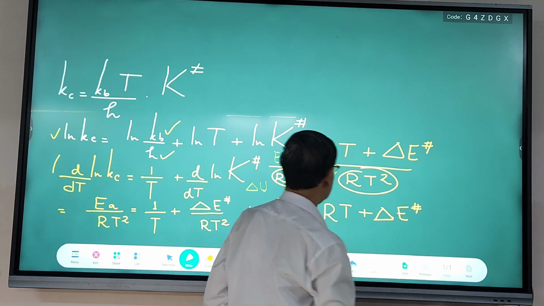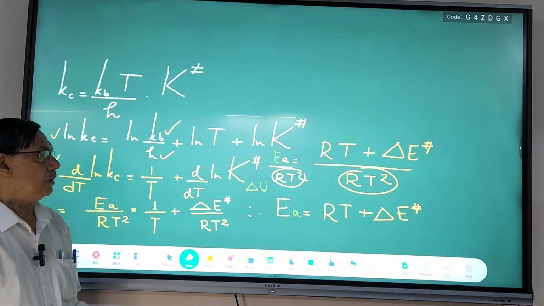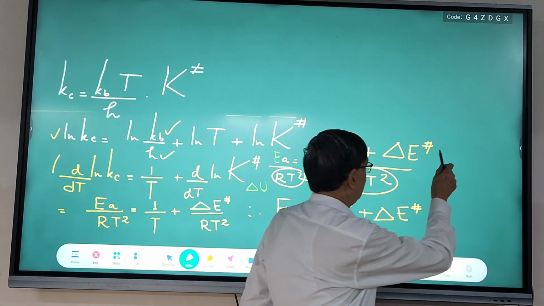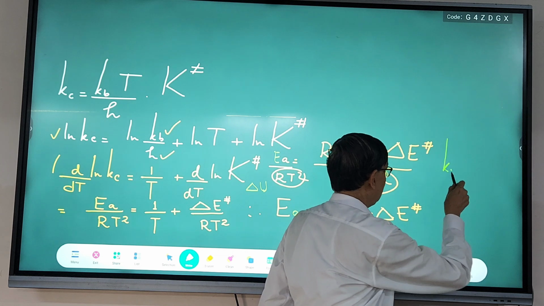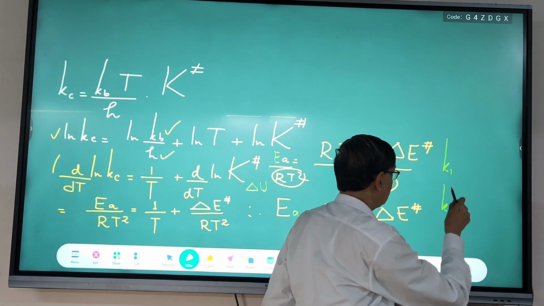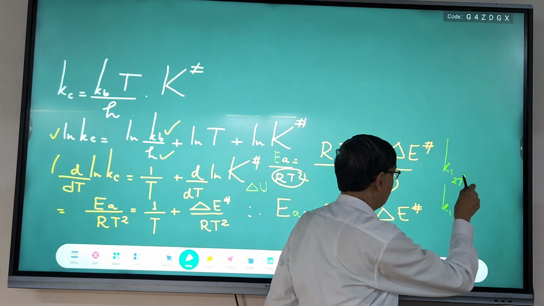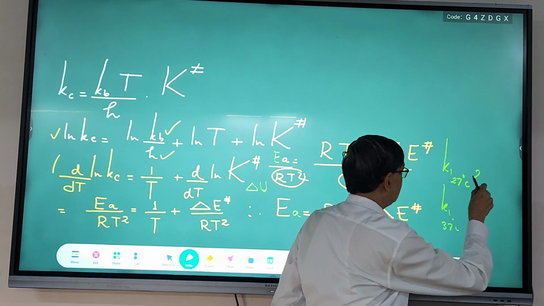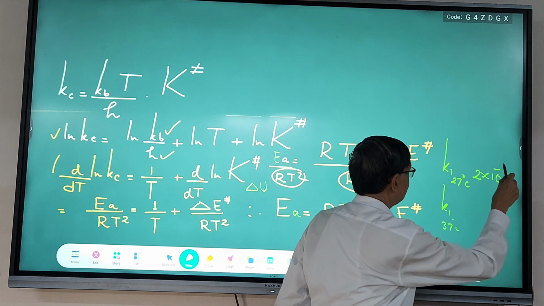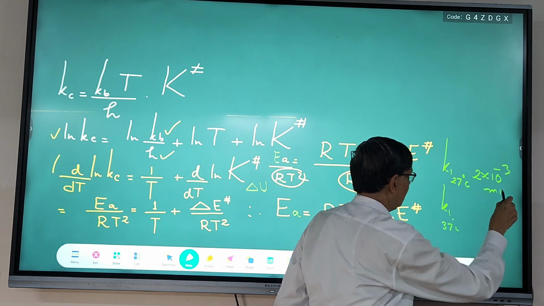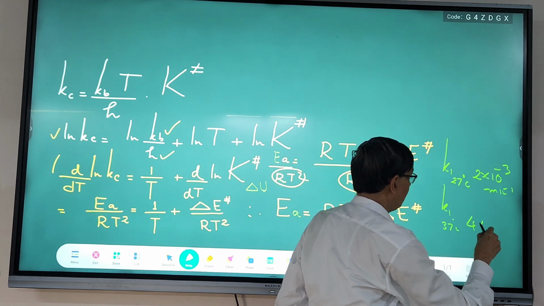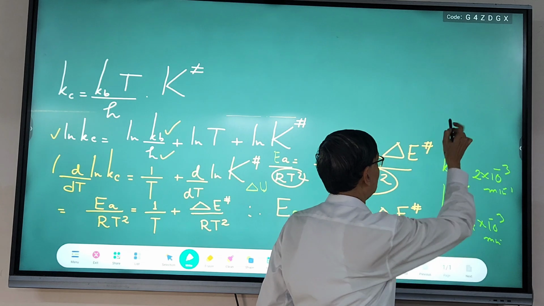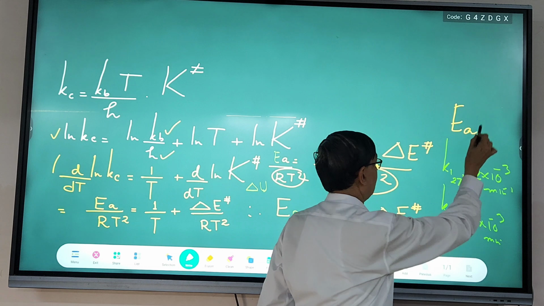Why am I doing such an exercise? Because when you perform the experiment, suppose you get two values K1 and K2, at 27 degrees centigrade and 37 degrees centigrade. Suppose 2 into 10 to the power minus 4 or 3, whatever it is, minute inverse, and 4 into 10 to the power minus 3, minute inverse. You can easily calculate the energy of activation.